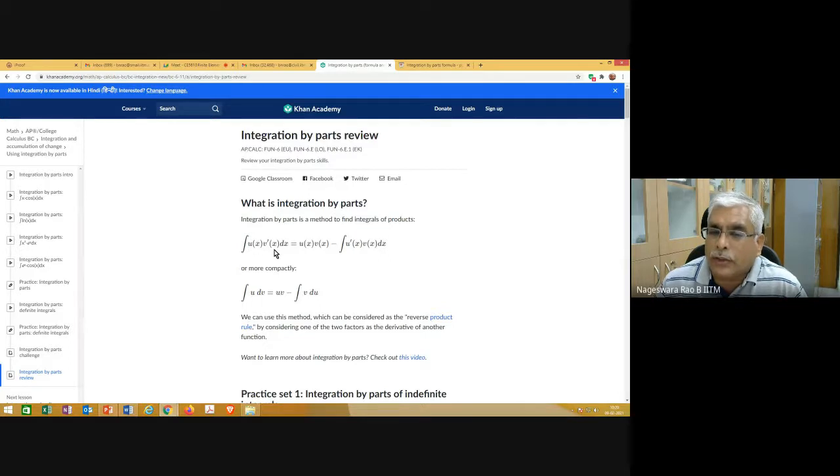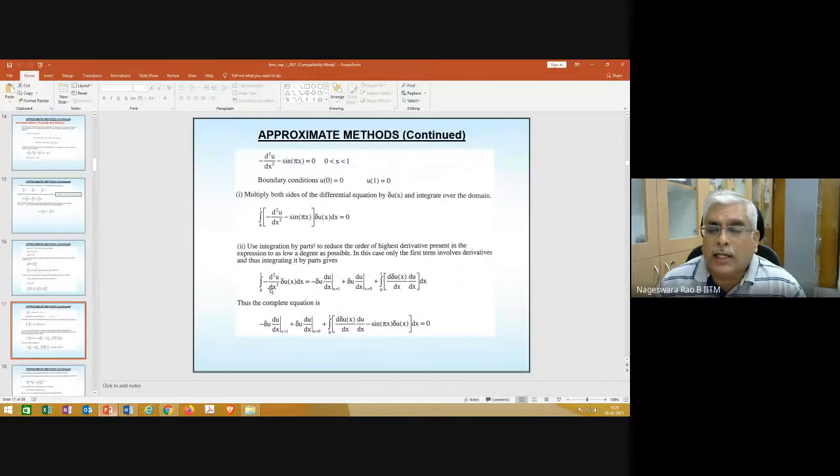In this particular case, u is nothing but this variation of u, and v prime is nothing but minus the second derivative of u with respect to x.